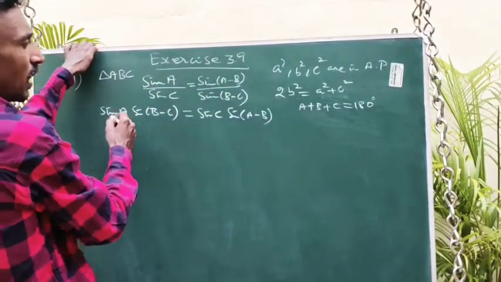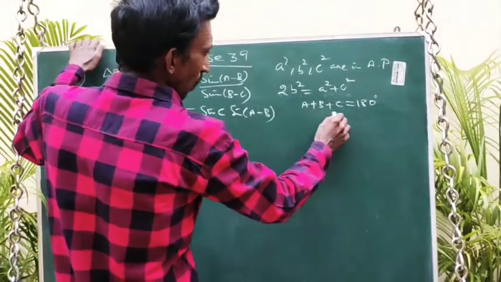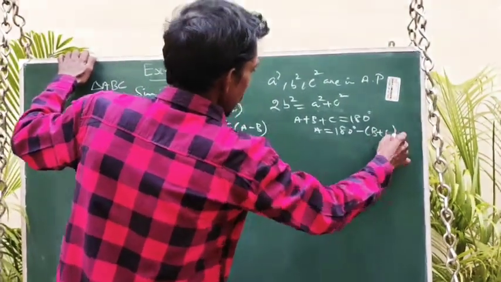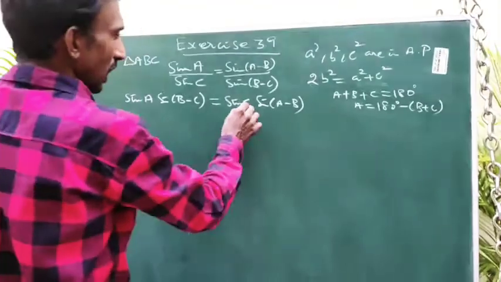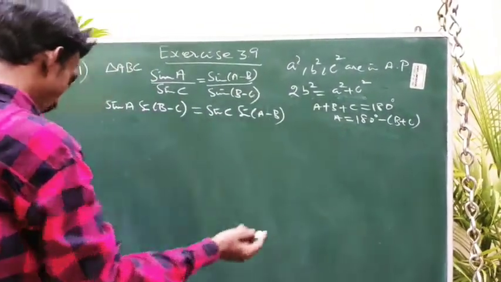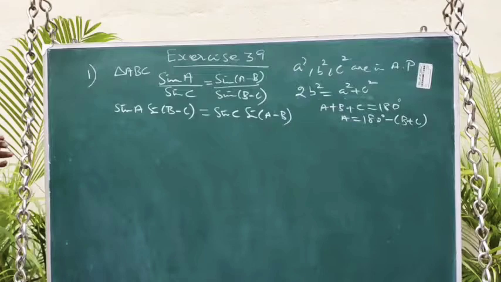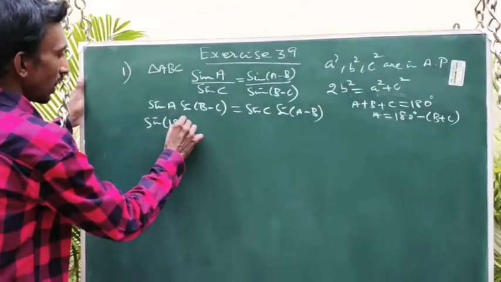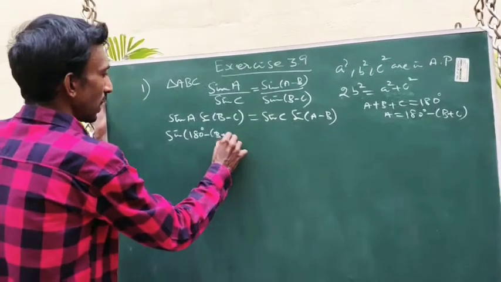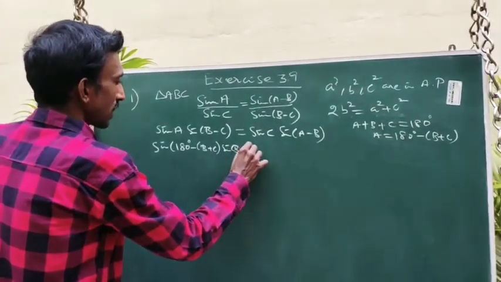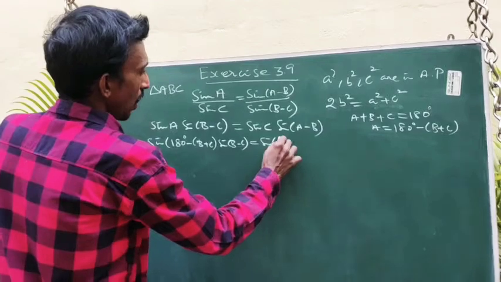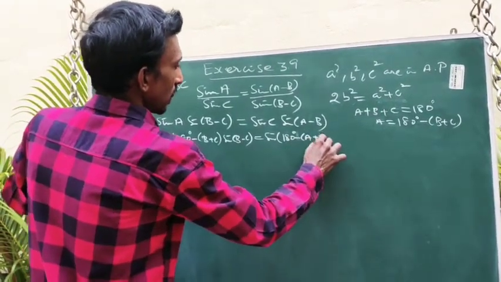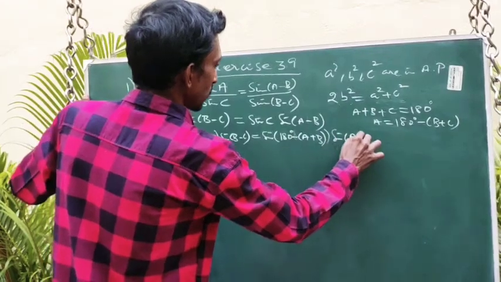So angle A equal to 180 minus (B plus C). Similarly angle C equal to 180 minus (A plus B). So here we can put sin(180 minus (B plus C)) into sin(B minus C) equal to sin(180 minus (A plus B)) into sin(A minus B).